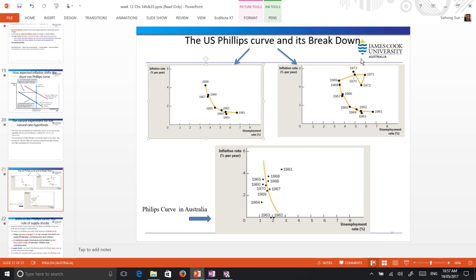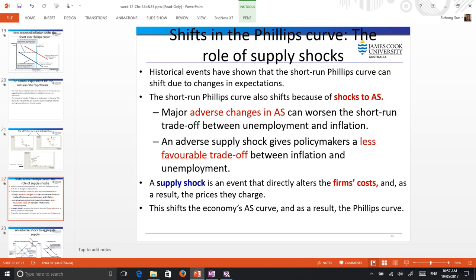What happened? This is because of supply side shocks, adverse shocks to the aggregate supply, particularly the petroleum price increase. That increased firms' cost of production.